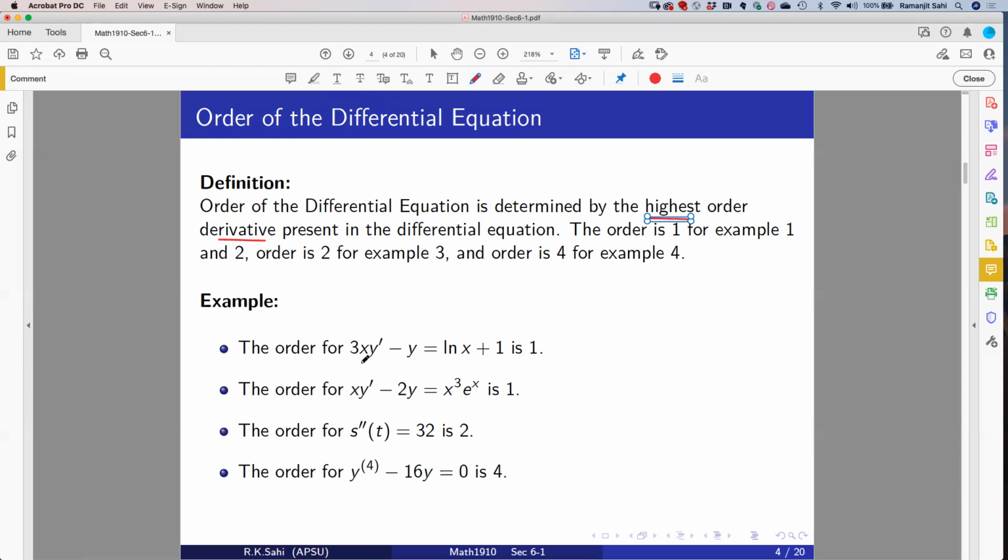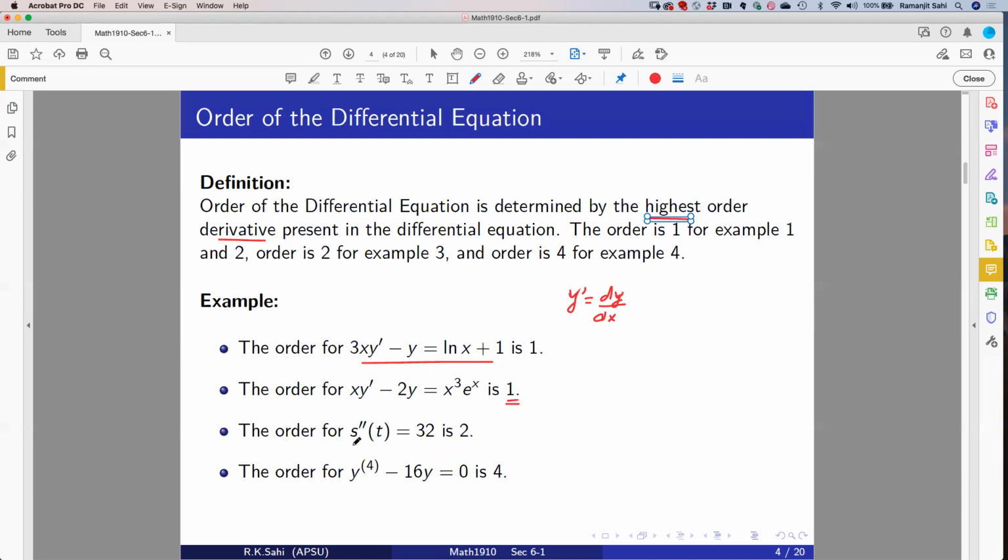For example, in 3xy' minus y equals natural log of x plus 1, the highest order of derivative is 1 because it is only y prime. Remember, as I said earlier, y prime is dy over dx. The same goes for the second equation, xy' minus 2y. The order is 1.